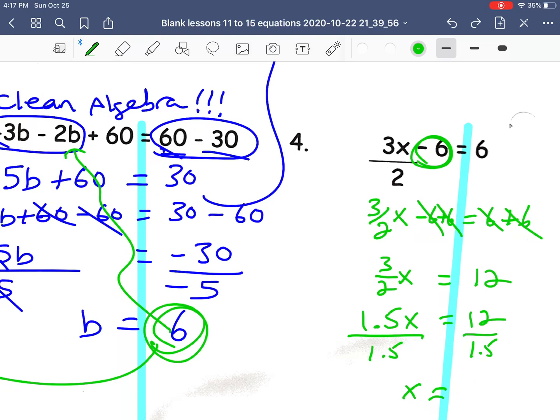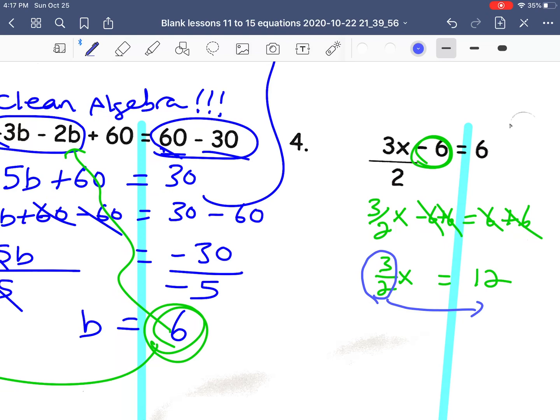I'm going to back up here. You could also do this. Remember, I can actually just take this fraction and do the reciprocal. Flip it to the other side. Because what's happening here is, if I am dividing by 2, the opposite of dividing by 2 is multiplying by 2.